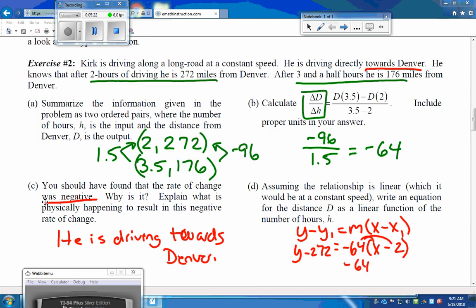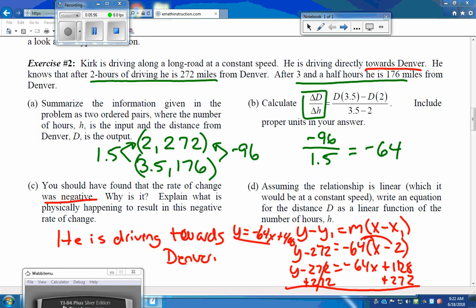You get negative 64x plus 128. Then we can add the 272 to both sides. Again, if I'm moving too fast, feel free to pause it. So 128 plus 272, and we have y equals negative 64x plus 400.